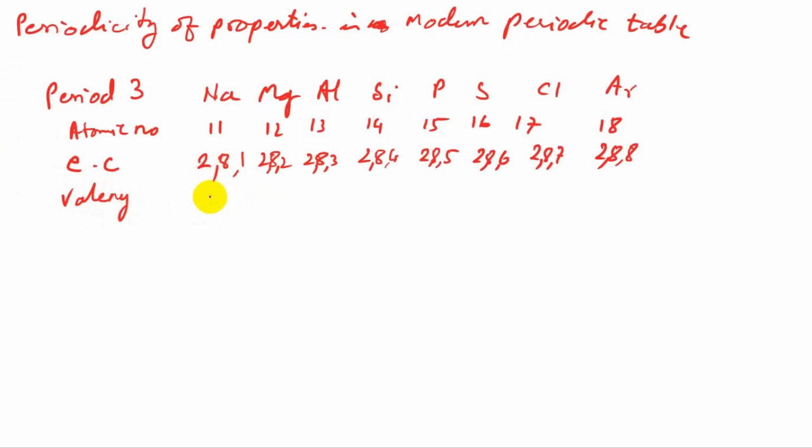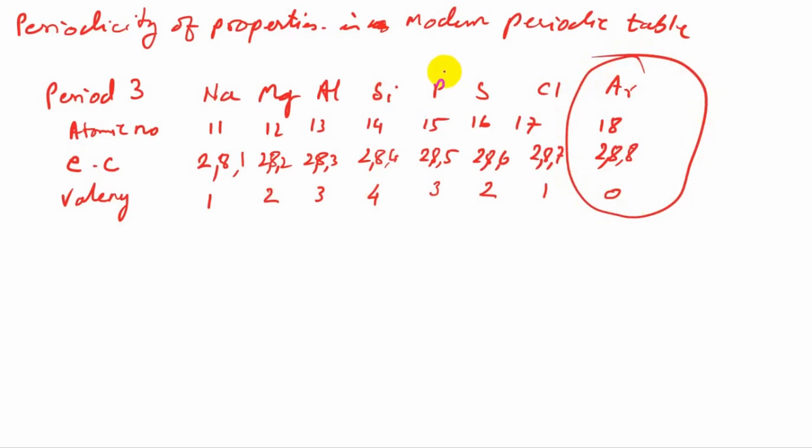The first one will lose 1, then lose 2, lose 3, whatever is in the outermost shell, that much it is losing. But for 4, it will neither gain nor lose, so 4 is shared electrons. Then this will gain 3, gain 2, gain 1, and this one, no change. The valency is 0 here, so we don't consider these. The rest we are considering. Clear?